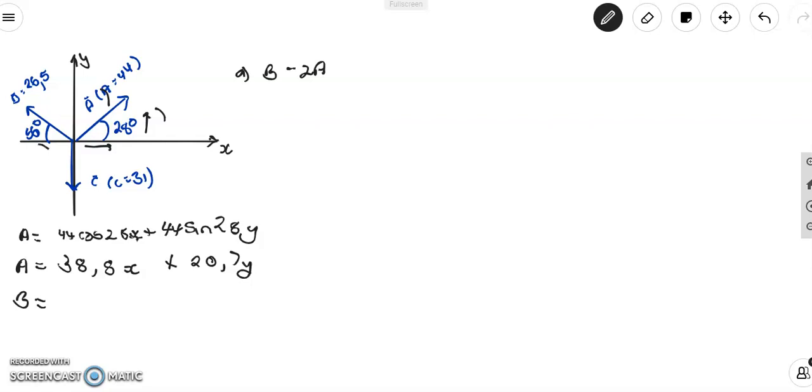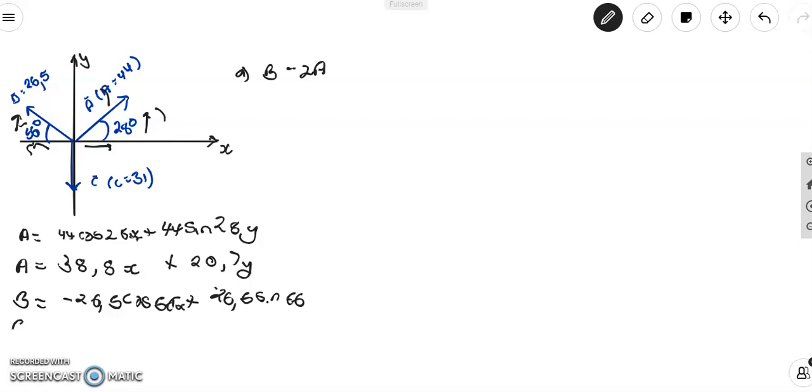For B, this is its x component going that side, that is negative, and its y component is going up, which is positive. So we're going to start off with the x, it's negative 26.5. We're going towards the angle, so it's cos 56, plus 26.5 sine 56.